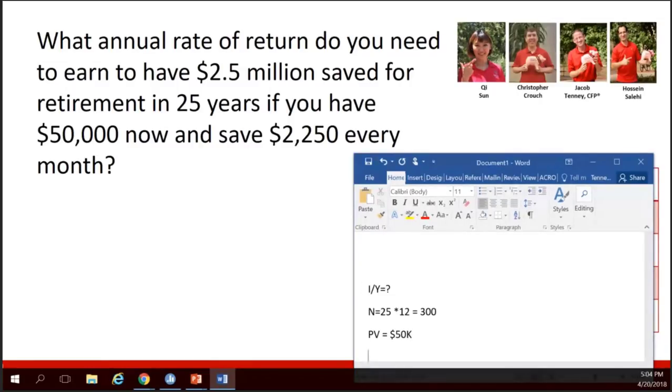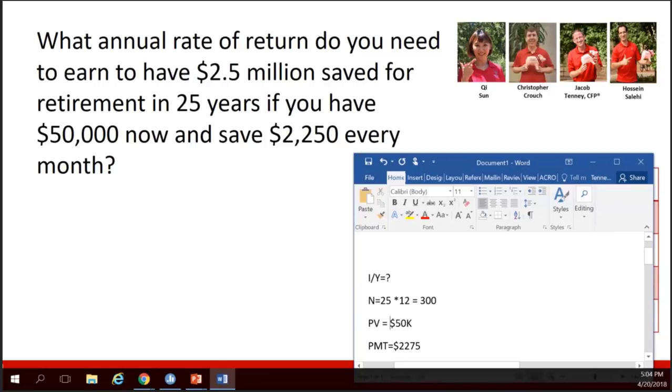Yeah, 50 grand. And what is your PMT, your recurring saving? Yes, exactly. So the signs are also important.